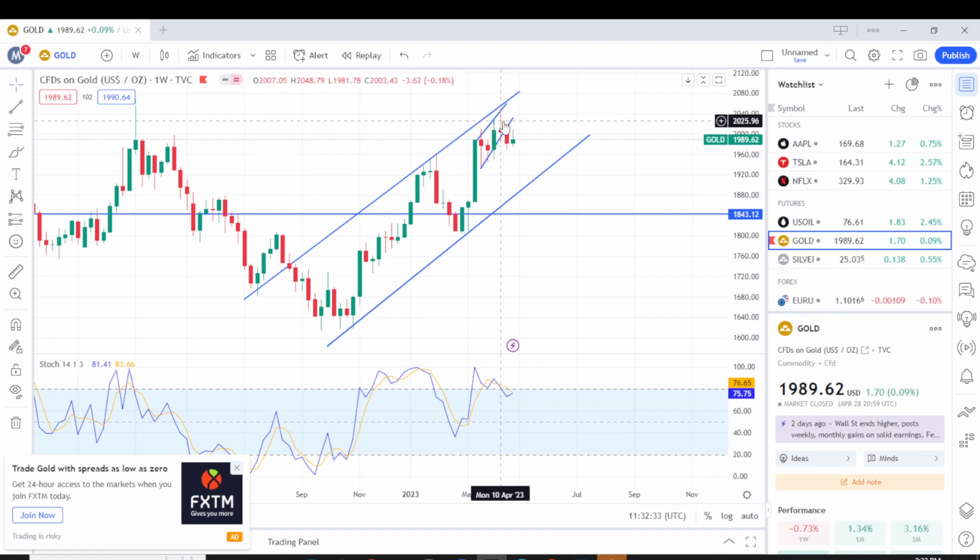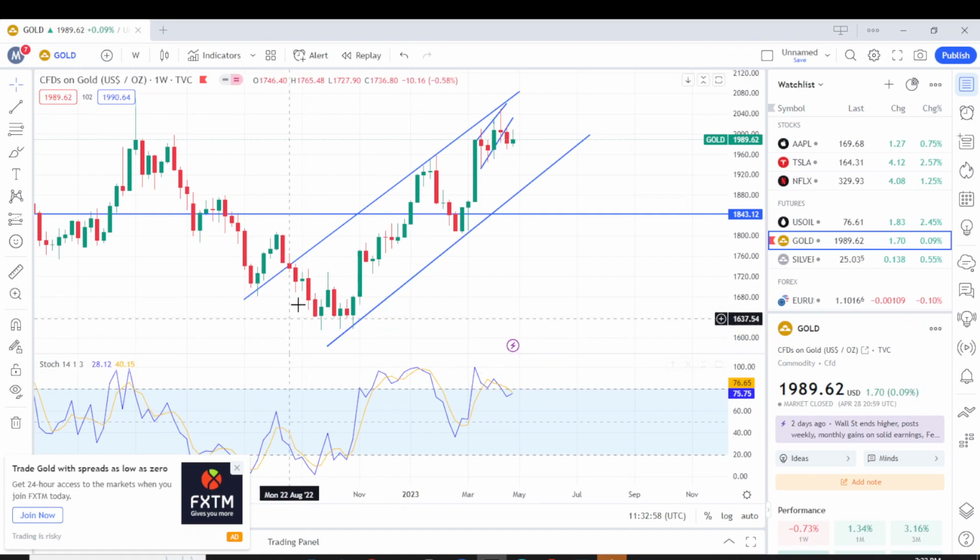Then the week before that one, we had a doji candlestick, which has a small body and a long upper wick and a shorter lower wick. So using this price, we will be able to focus on the performance of gold for the starting week.